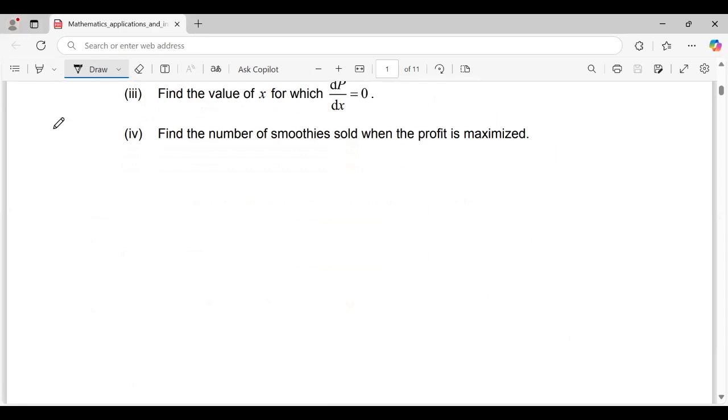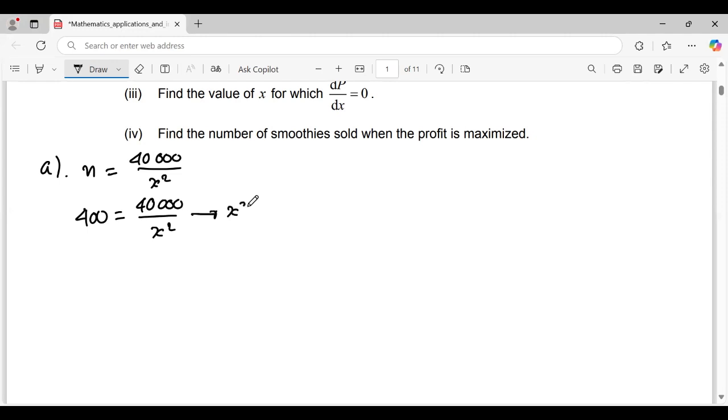Part A. The number of smoothies is 40,000 over x squared. If the number of smoothies is 400, this equation becomes 400 equals 40,000 over x squared, or x squared equals 40,000 over 400, which is 100.